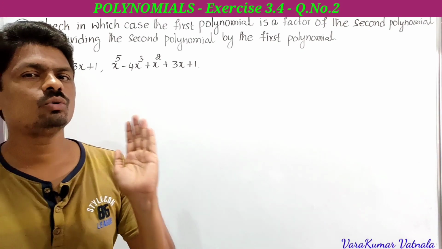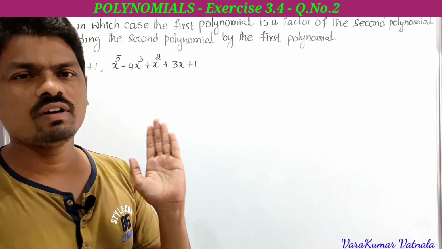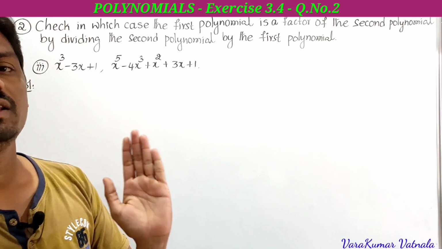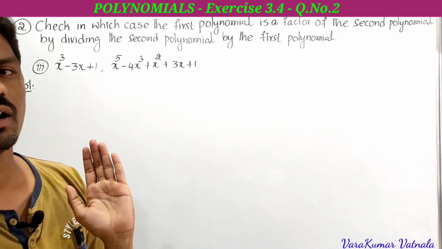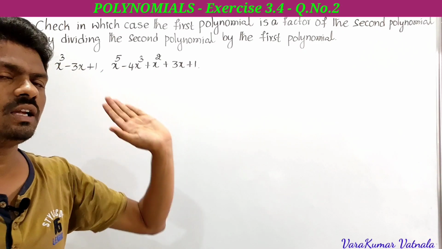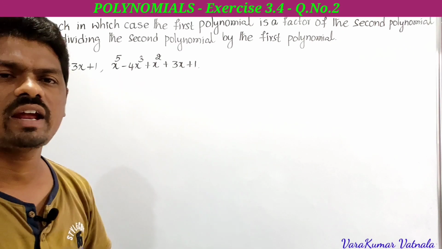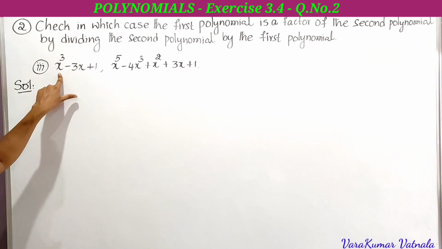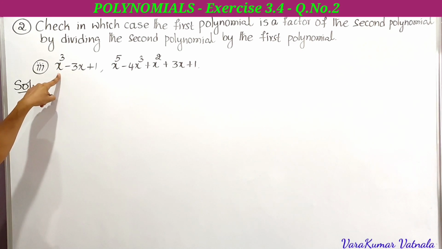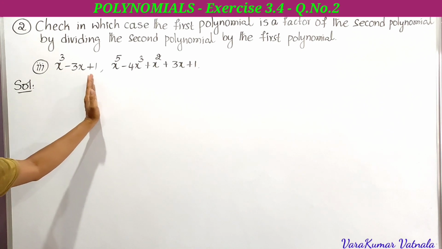Before doing the division of the polynomials, we have to check whether the given two polynomials are in their standard form or not. The powers of the variable should be in decreasing order. Here the powers of x are 3, 1, 0.